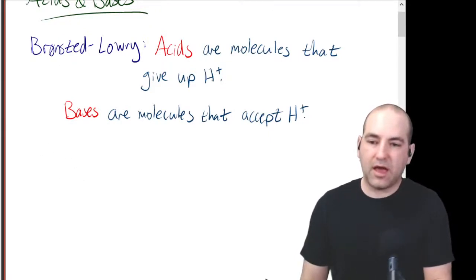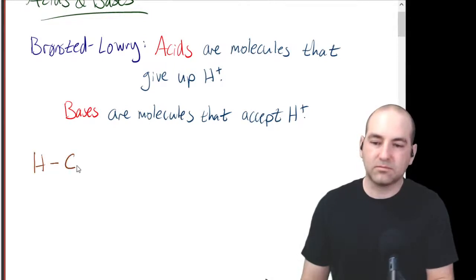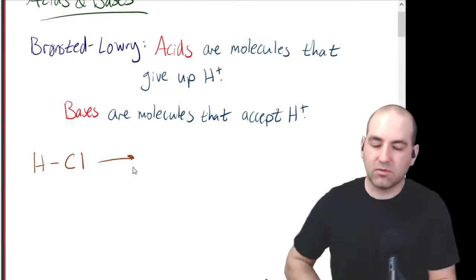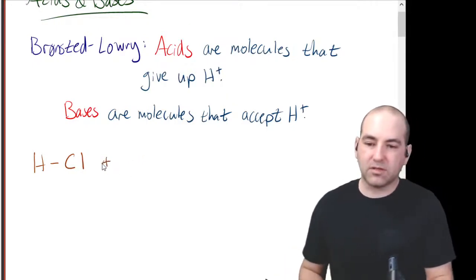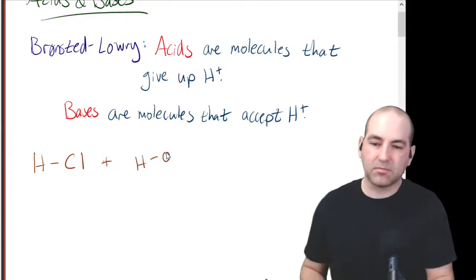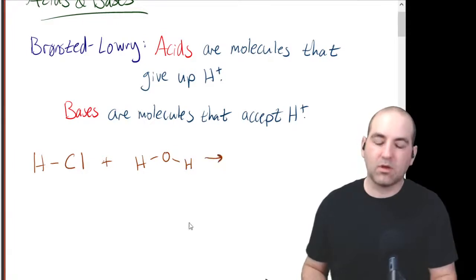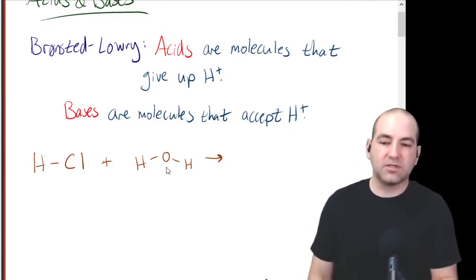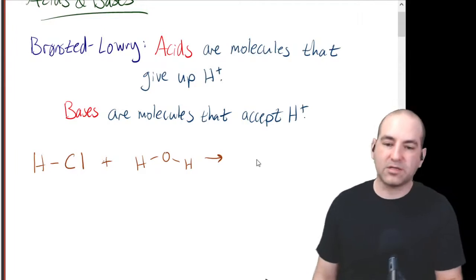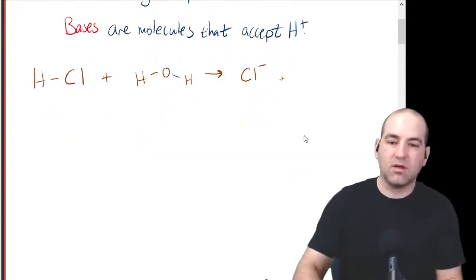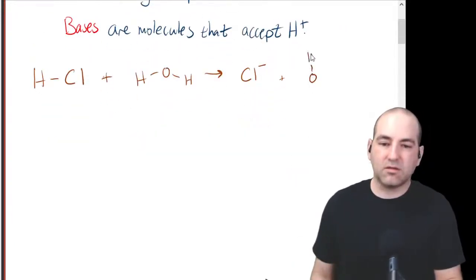All right, so we're going to look at the reaction of HCl and water. And I'm going to draw out the molecules here. Okay, so this is our HCl, this is water, H2O, and then the products are chloride ion, Cl-, and this thing, which is called hydronium ion.